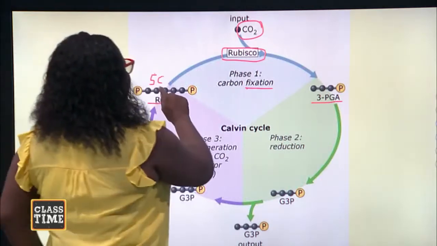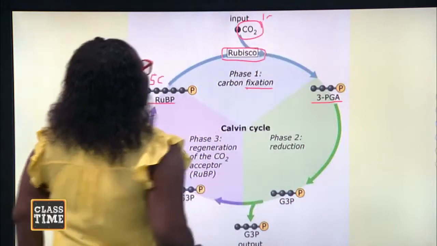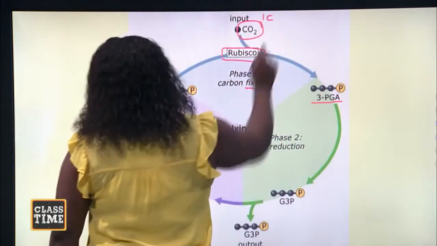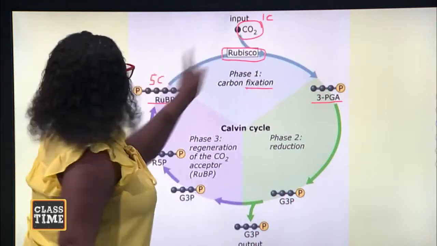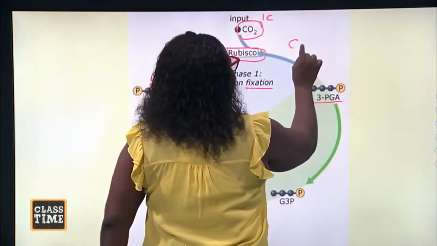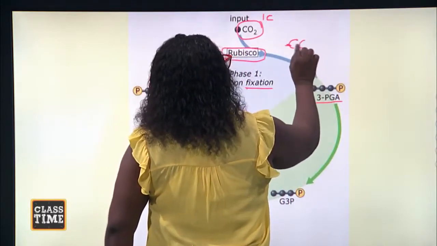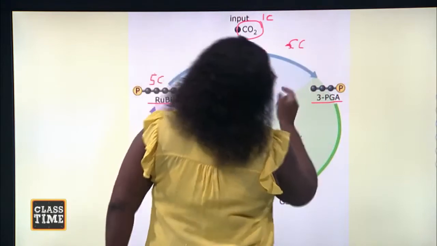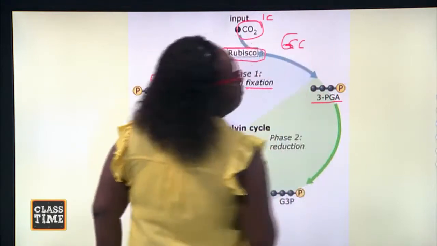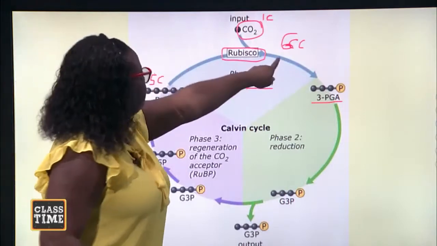When you add this 5-carbon compound and a 1-carbon compound, mathematics will tell you, you end up with a 6-carbon compound. I have the worst handwriting, so bear with me.